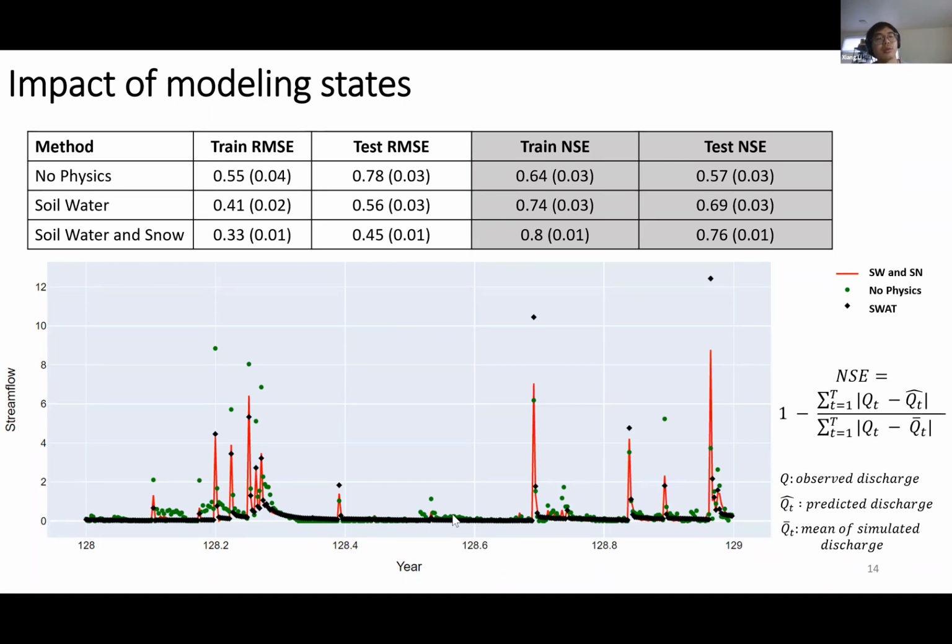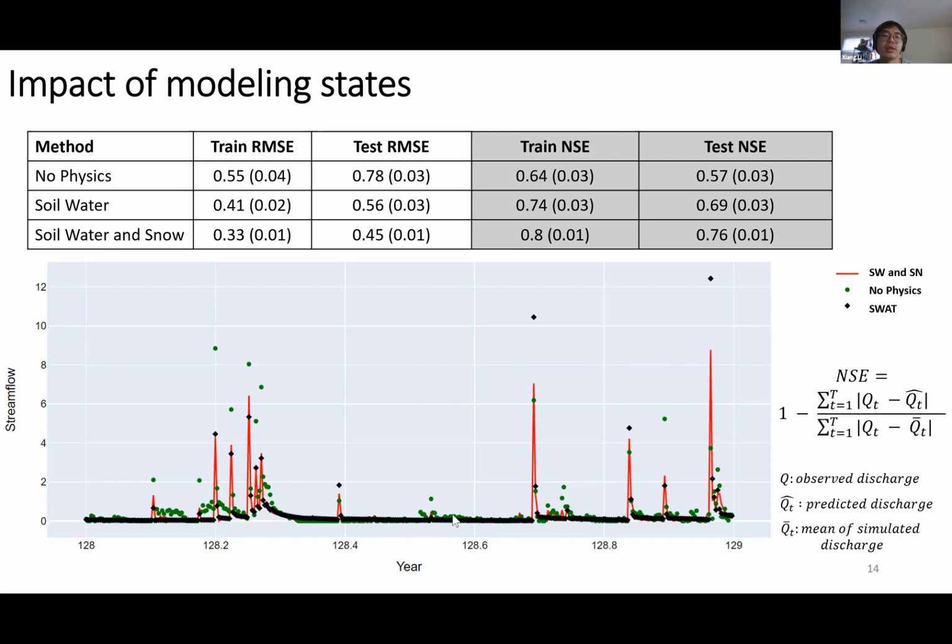The third row incorporates not only soil water, but also snow cover. The model was trained using the RMSE as loss function. When evaluating the model's robustness, we used the Nash-Sutcliffe efficiency metric, which is one widely used hydrological metric for evaluating hydrological model simulation against observation.